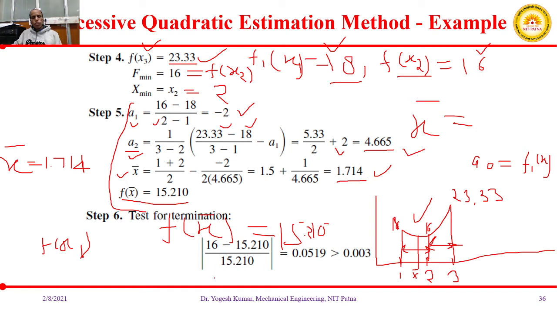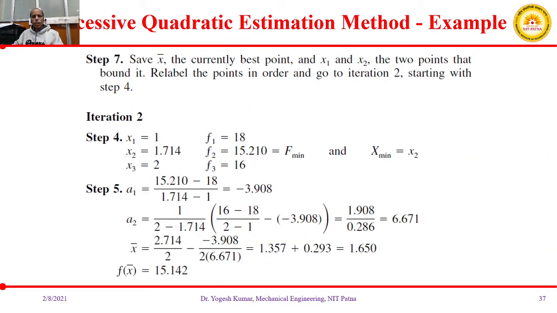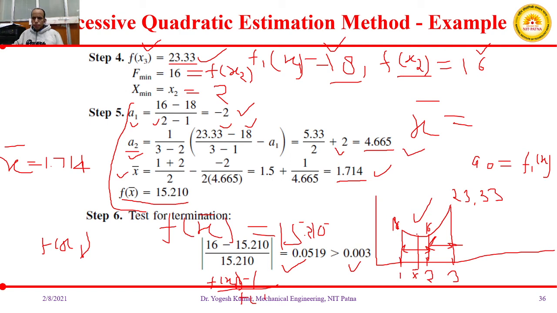For checking termination, the difference between f minimum minus f(x bar) upon f(x bar) should be less than or equal to 0.3 into 10 to the power minus 3. Because this is obviously greater than the termination value, we are moving ahead. And how we are moving ahead, we will try to understand.